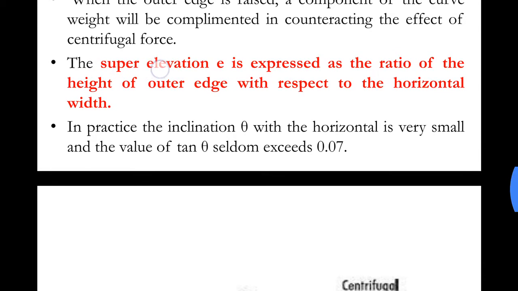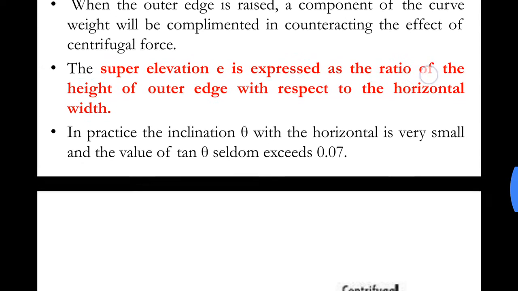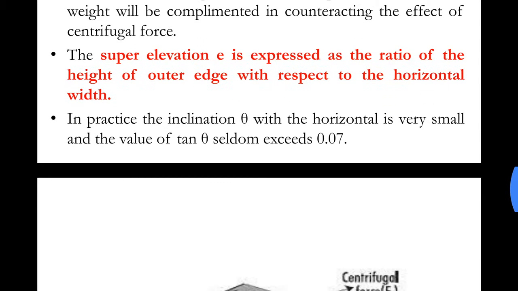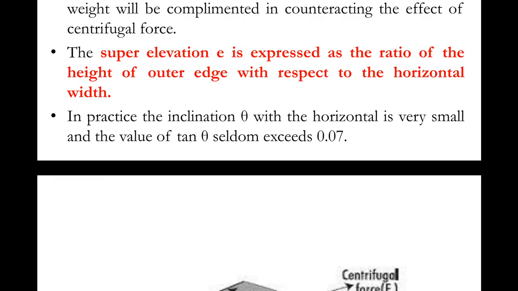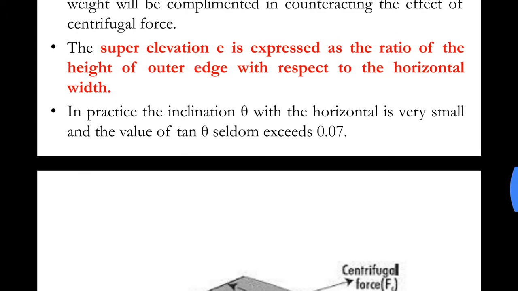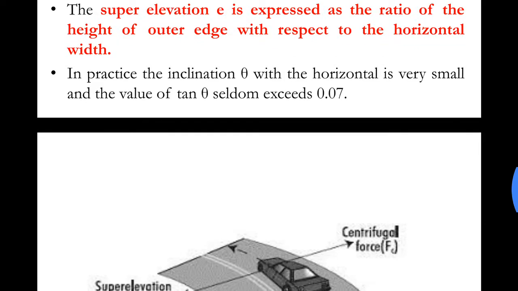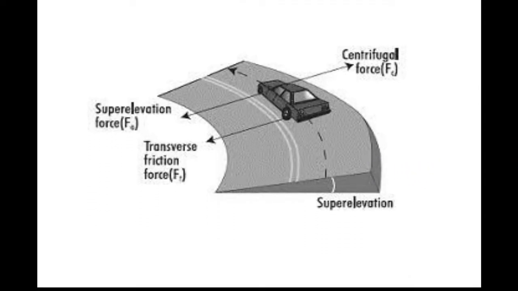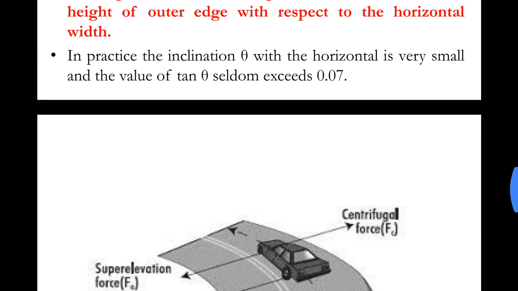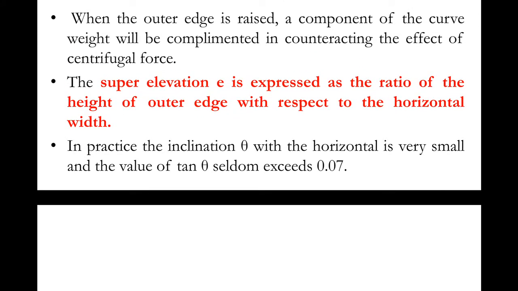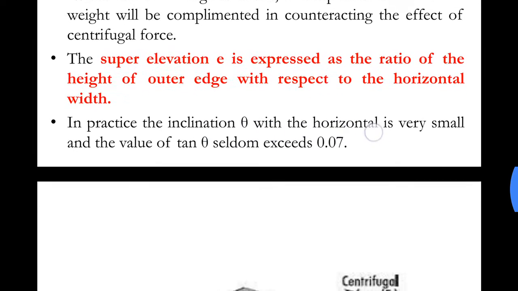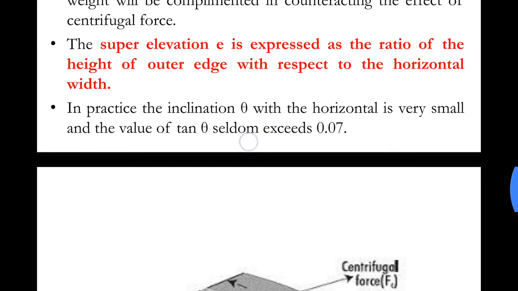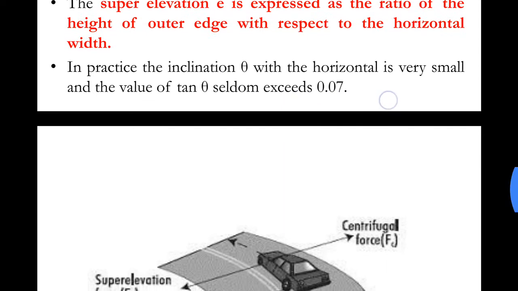The super elevation e is expressed as the ratio of the height of the outer edge with respect to the horizontal width. Okay, so super elevation, which is denoted by e, is nothing but the ratio of the raised portion to the horizontal width. In practice, the inclination theta with the horizontal is very small and the value of tan theta seldom exceeds 0.07.